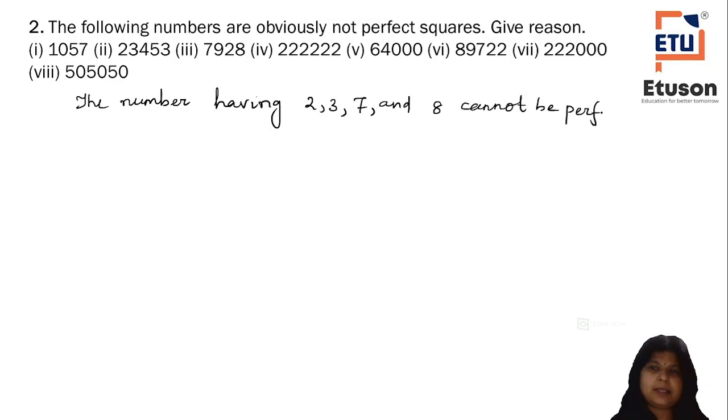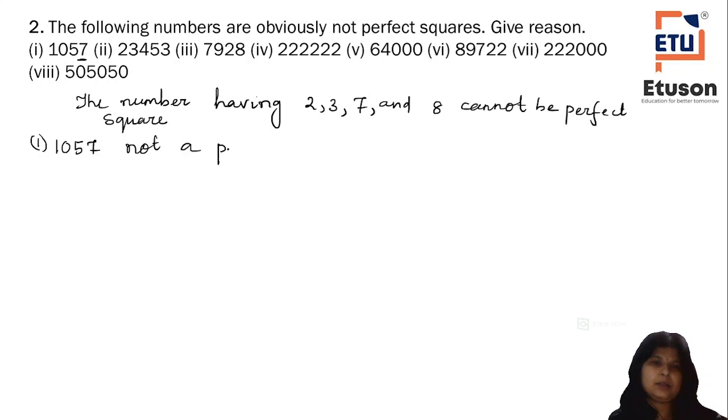You remember this? Okay, so the same concept we are going to use. Now you just check one by one. 1057. What is there at the units place? It is 7. So 1057 is not a perfect square, right?